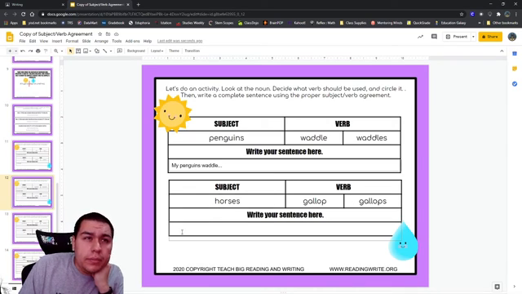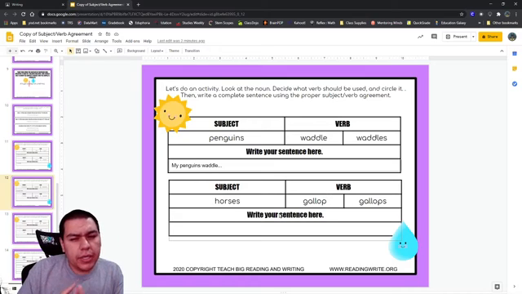So it would be, let's say, the horses gallop or the horses gallops. The horses gallops. When you have a plural subject like horses, it's got the S at the end, you want a plural verb. It can be a little bit confusing, but with verbs, if you want a plural verb, you want the one that doesn't have the S. If it has the S, that means it's singular.